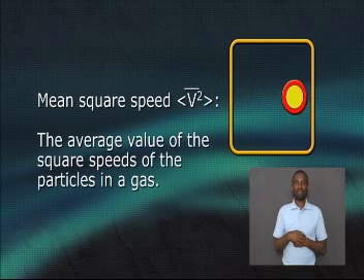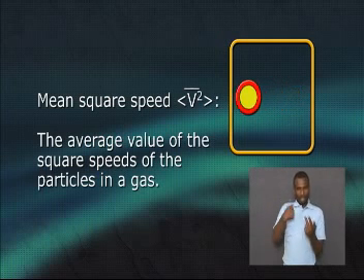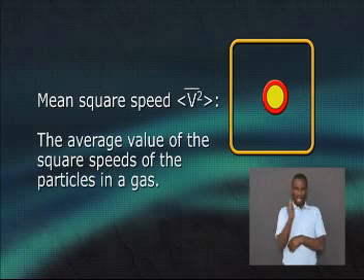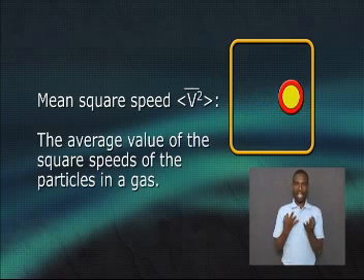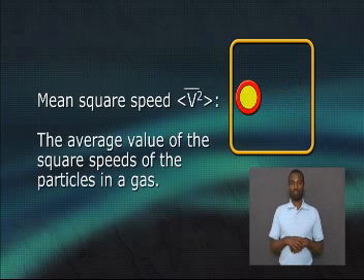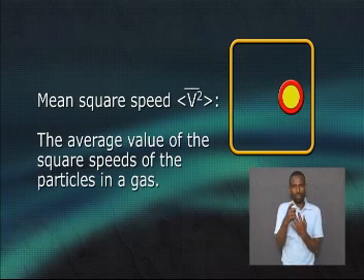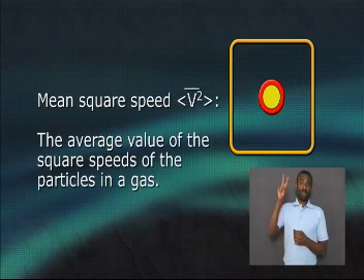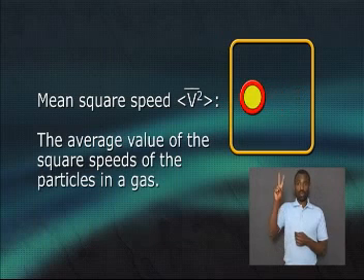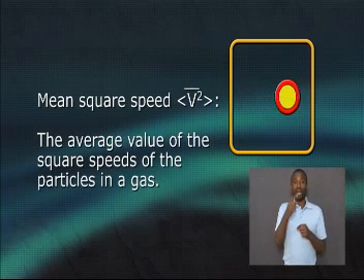Since it is the mean pressure that we can measure for any gas, our expression can only provide us with the information on the mean of all the square speeds of the particles. This is called the mean square speed.